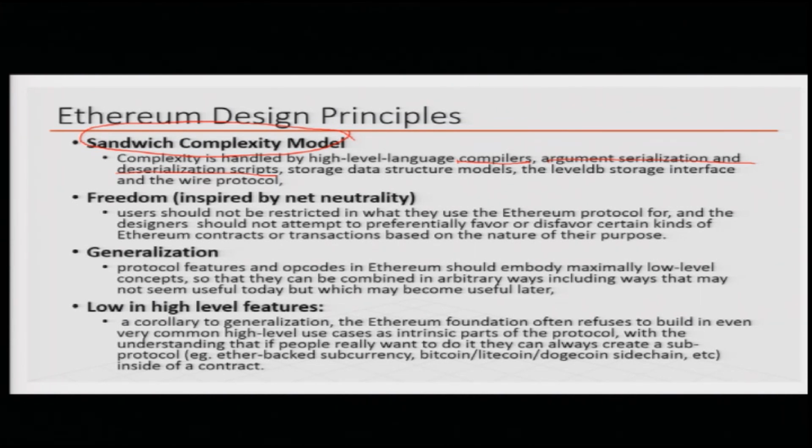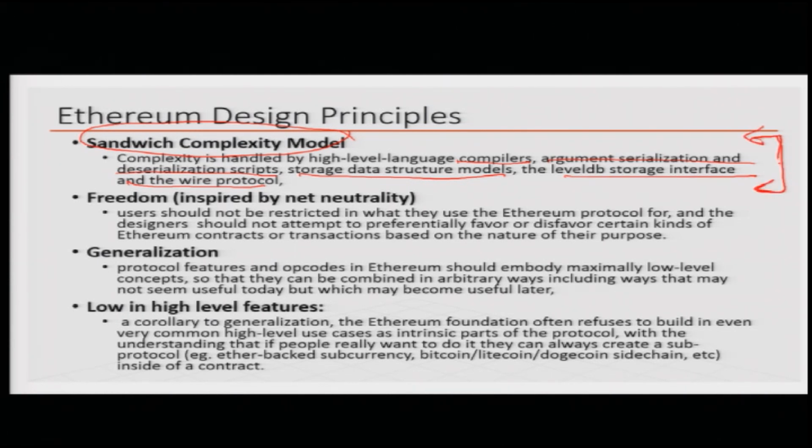But the user doesn't have to do this themselves; there are scripts which do the serialization and deserialization automatically, so the user uses it like a normal function call. At the bottom layer are the storage data structure models and the LevelDB storage interface, where the information is stored, and the wire protocol, the peer-to-peer protocol used for interaction between the nodes in the blockchain. That's the idea of the sandwich complexity model.